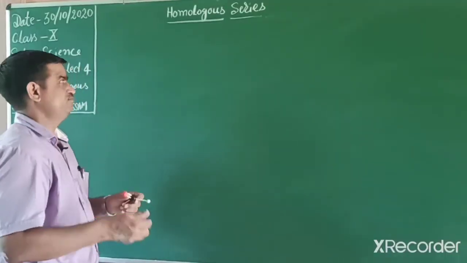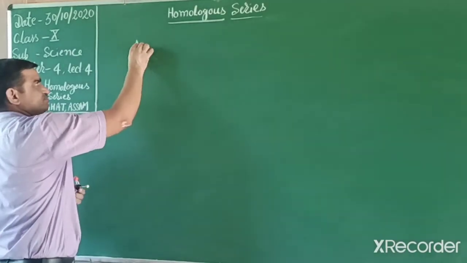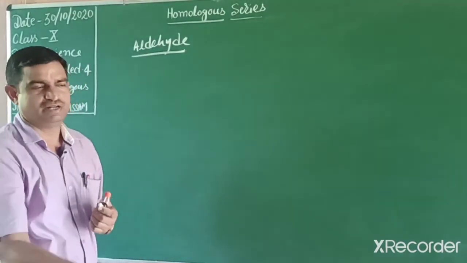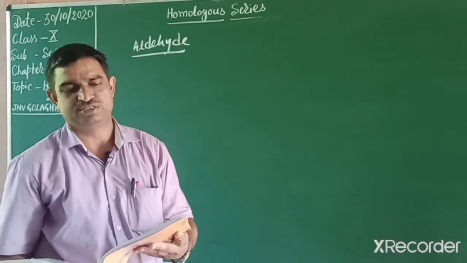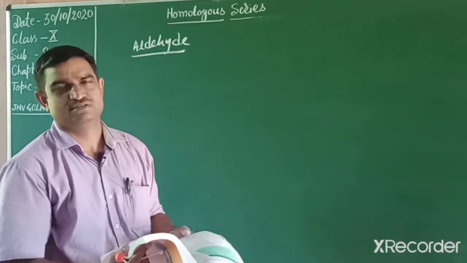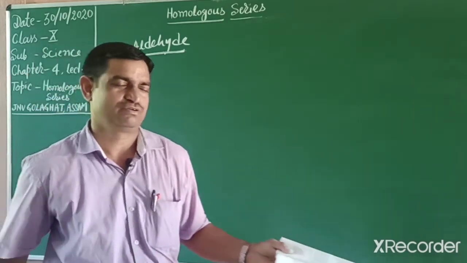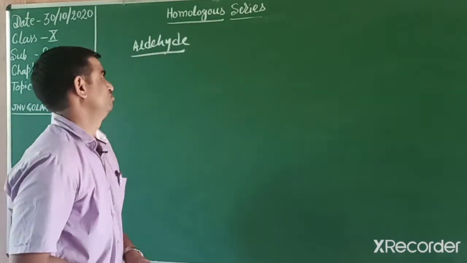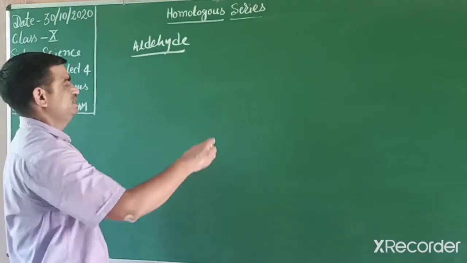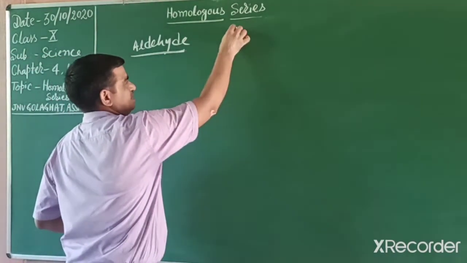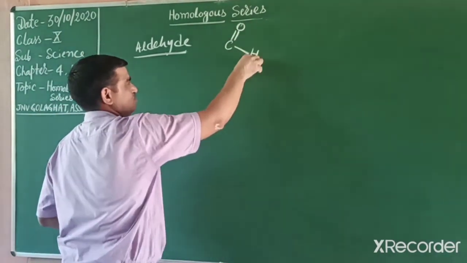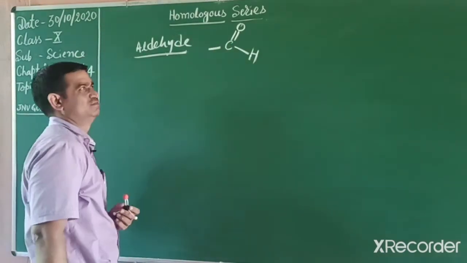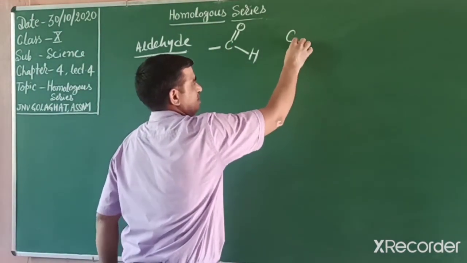Students, the new functional group is aldehyde. We already studied in your NCERT book, at page number 66, the different functional groups: aldehyde, ketone, carboxylic acid and alcohol. So for aldehyde, how can we represent it? You have to write it like this: a double bond with oxygen and one hydrogen.